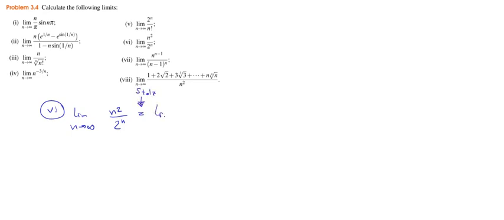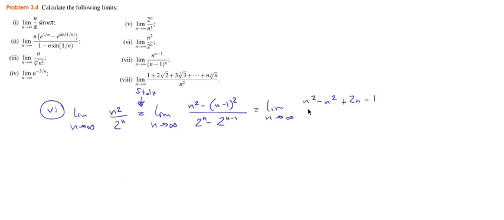So this is the limit when n goes to infinity of n squared minus n minus 1 squared over 2 to the n minus 2 to the n minus 1. So the limit when n goes to infinity of n squared minus n squared plus 2n minus 1 divided by, and then we can take a common factor of 2 to the n minus 1, and then this is 2 minus 1.